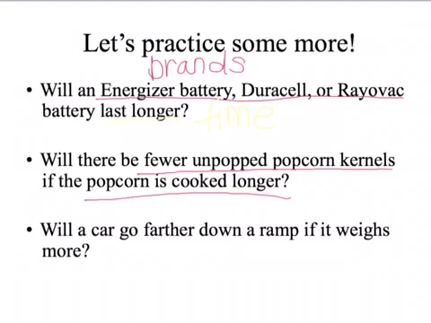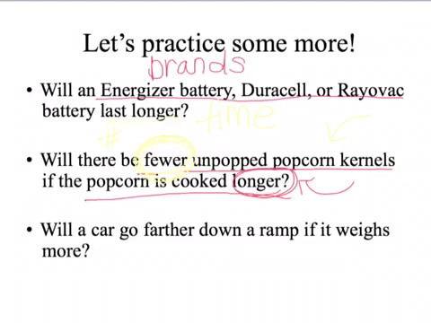What am I changing here? I'm not changing the fewer unpopped popcorn kernels. That's what I'm measuring. What I'm changing is the time. I'm changing how long I put that popcorn in the microwave. What I'm going to be measuring is fewer unpopped popcorn kernels. So I'm going to measure that with a number.